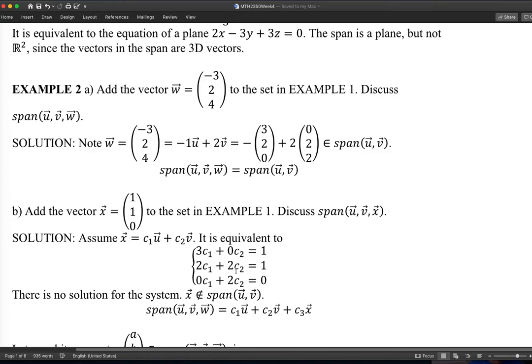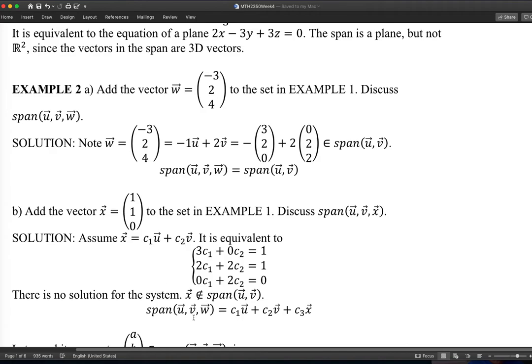So really, we just figured out here, in this case, for x, we cannot find any solution C1, C2, such that x is C1u plus C2v. So I'm saying x is really not a linear combination of u and v.